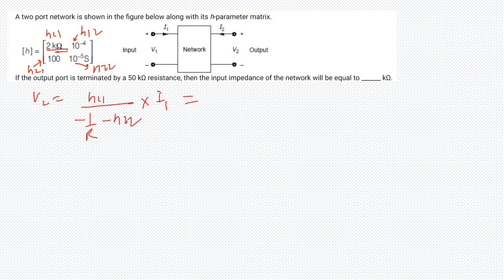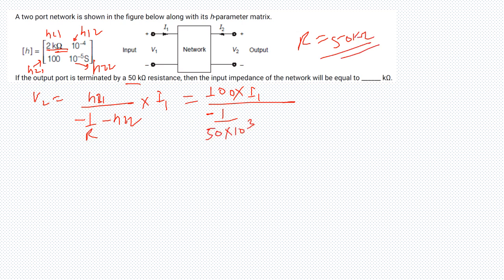Sorry, H21 is 100, so 100 into I1 over minus 1 over R. R is our 50 kilo ohms, so I will write it as 50 into 10 power 3, minus H22, which is 10 power minus 5.